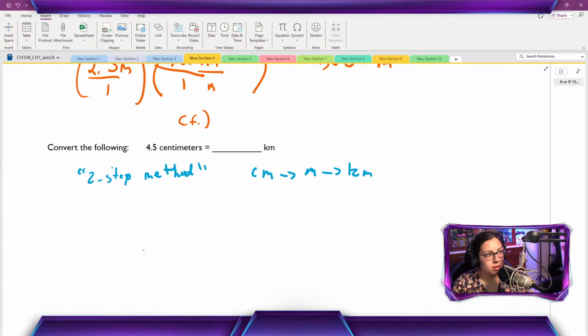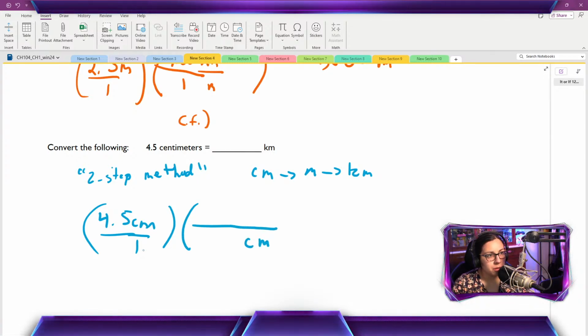And so let's start off. So 4.5 centimeters. Let's go back to our base unit of meters. That means centimeters on bottom, meters on top. There are 100 centimeters in 1 meter. All right, so that works out.